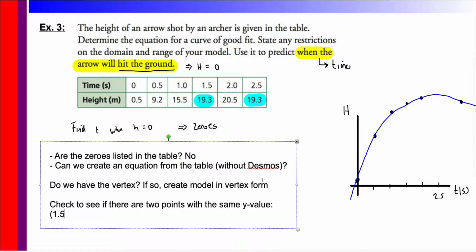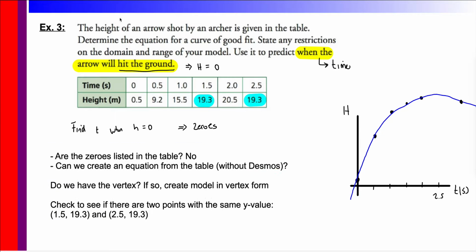We have the point 1.5, so after 1.5 seconds, this thing is 19.3 meters in the air. And after 2.5 seconds, this thing is also 19.3 meters in the air. And what this means then is that because these are at the same height, the vertex sits in between these two times. And this is true no matter what the height values would be.